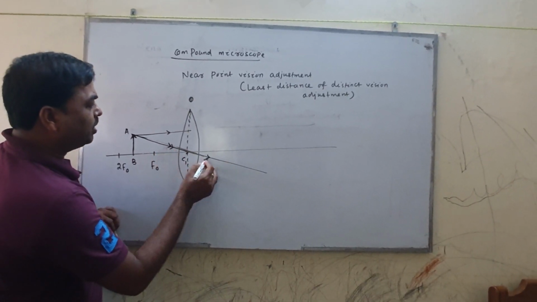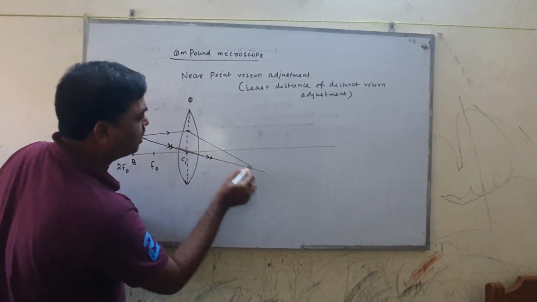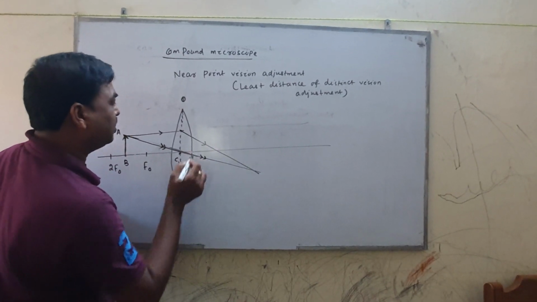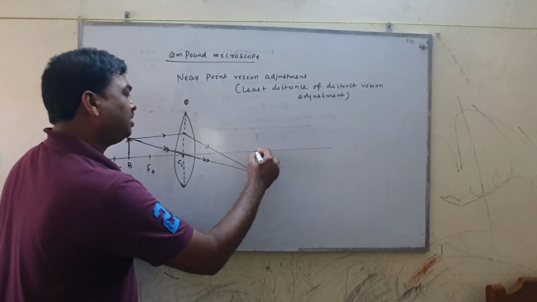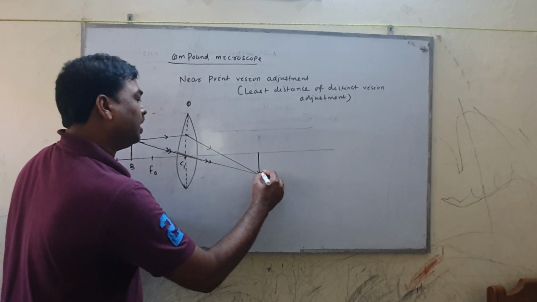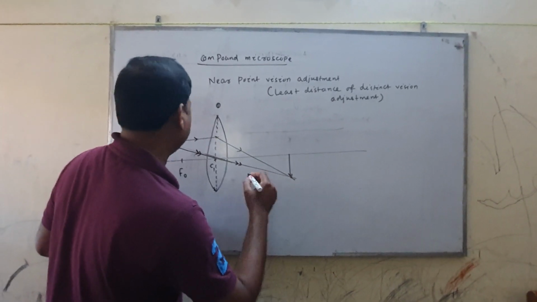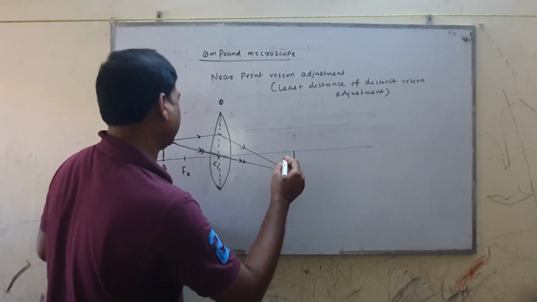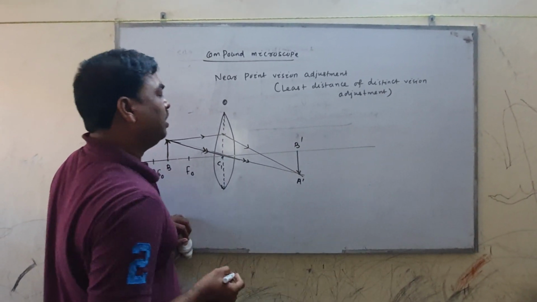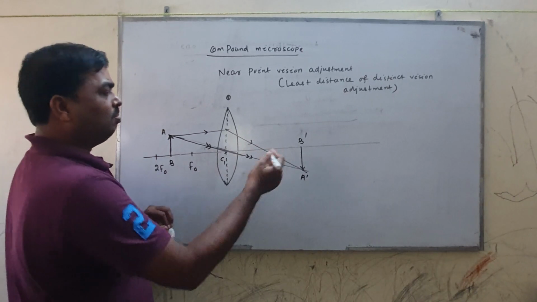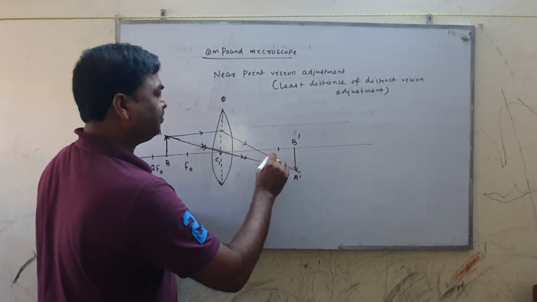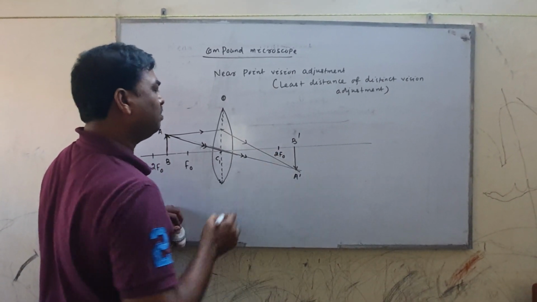You will get the image here. The height increases a little bit, but we need more magnification. Obviously this is formed beyond twice of Fo.